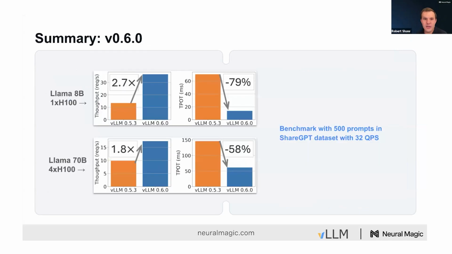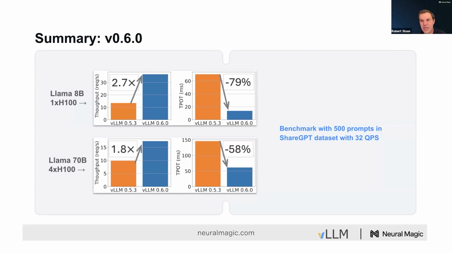So in summary, this has eliminated most of the overhead on the CPU side of vLLM. For Llama 3 8B, which is effectively the most challenging case because the GPU runs fastest, this resulted in a 2.7x overall speedup between vLLM v0.5.3 and vLLM v0.6.0.